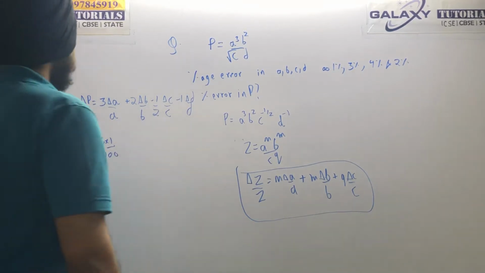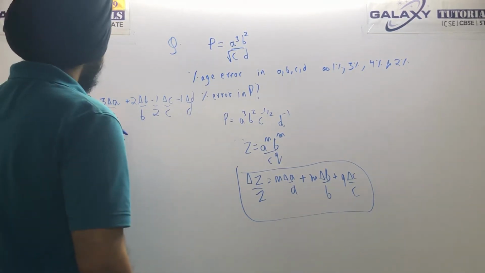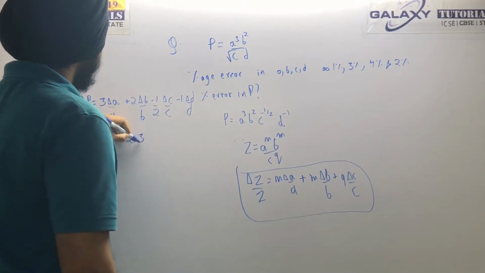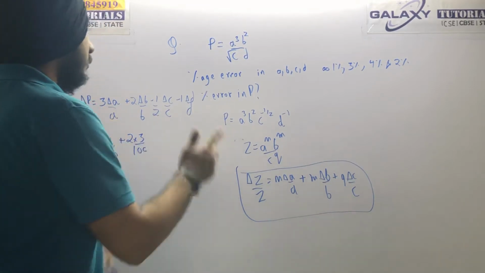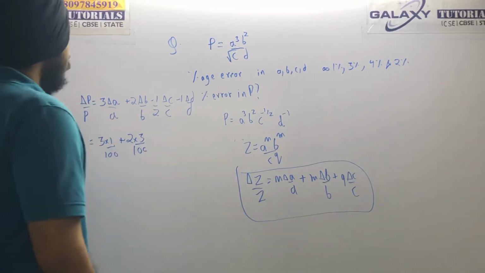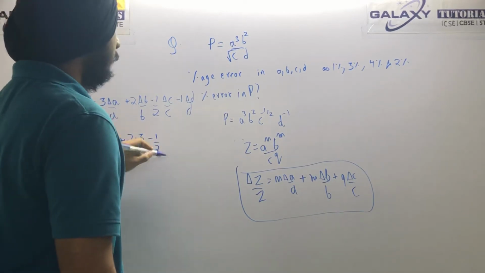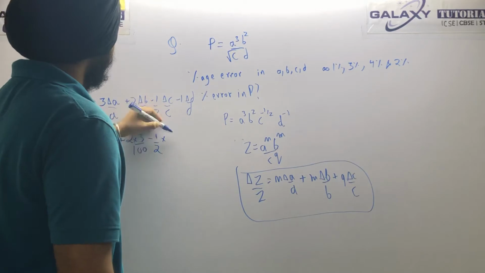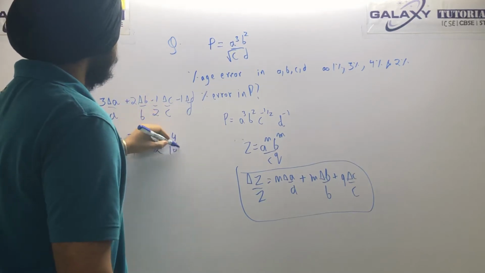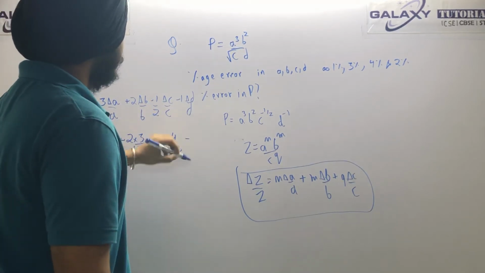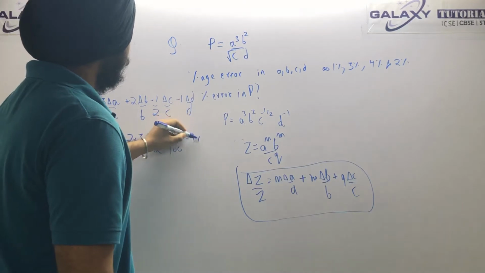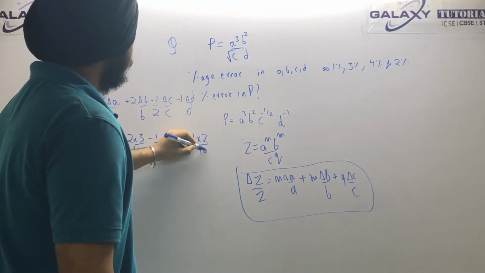Next thing is 2 into 3 by 100, percentage error in B is 3%. Next one, minus half into 4 by 100, minus 1 into 2 by 100.